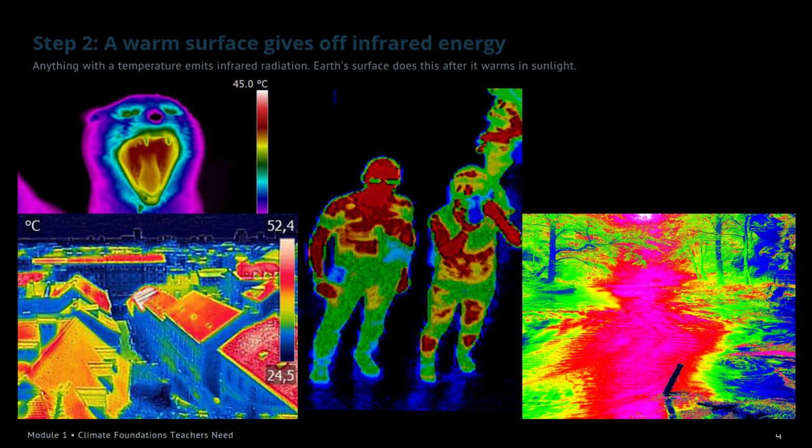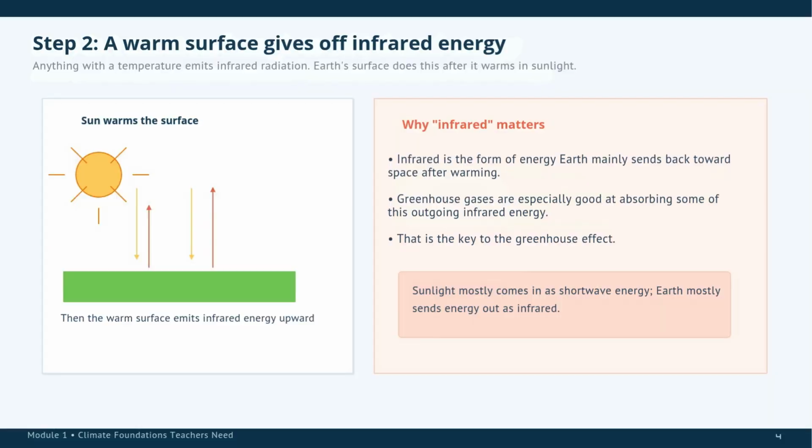This is where the greenhouse effect really starts to matter, because sunlight comes in as shortwave energy, but the Earth sends it back mostly as infrared energy. And greenhouse gases are especially good at absorbing some of that outgoing infrared energy.